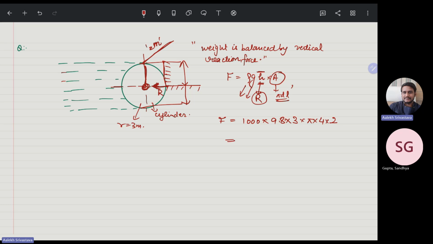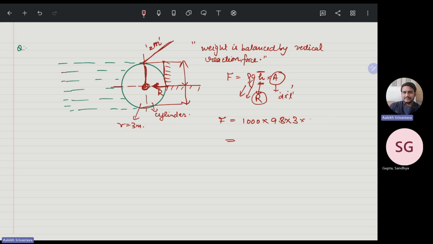So if you try to solve, you will get nearly the reaction force that is coming from the wedge. And also the area is not pi dl actually because it is a projected area, so it is d into l only.